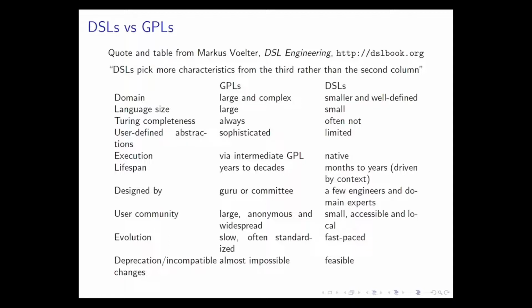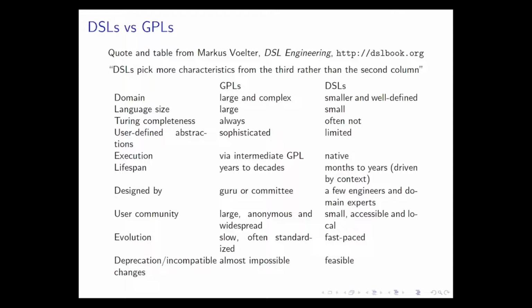Whereas as we've seen, GPLs like UML can easily end up being large and complex. A DSL might not even be Turing complete. It might not provide things like sophisticated user-defined abstractions in a way that a GPL is quite likely to be required to do. We'll say something about execution in a moment.